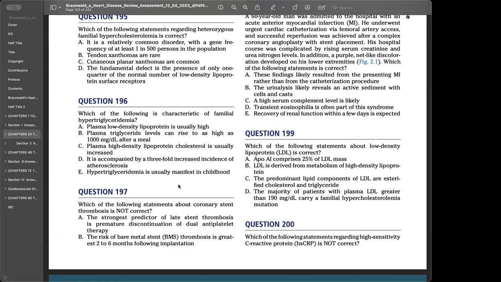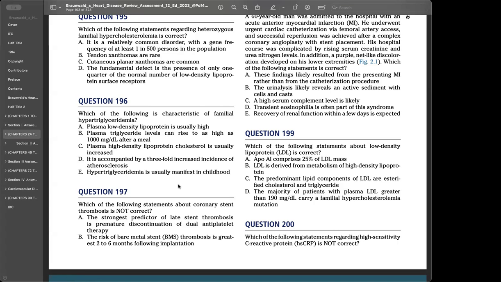For bare metal stents, the risk of thrombosis is greatest within the first month after implantation. Newer generation drug-eluting stents manifest lower rates of stent thrombosis than bare metal stents and first generation drug-eluting stents, so they are usually recommended for PCI.